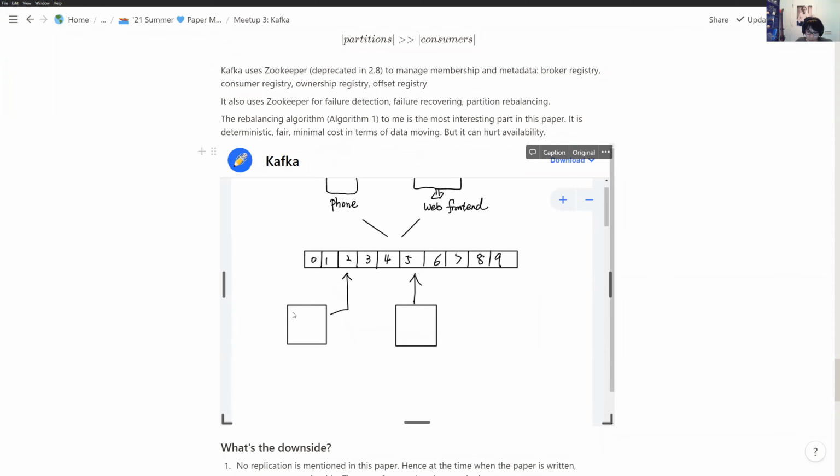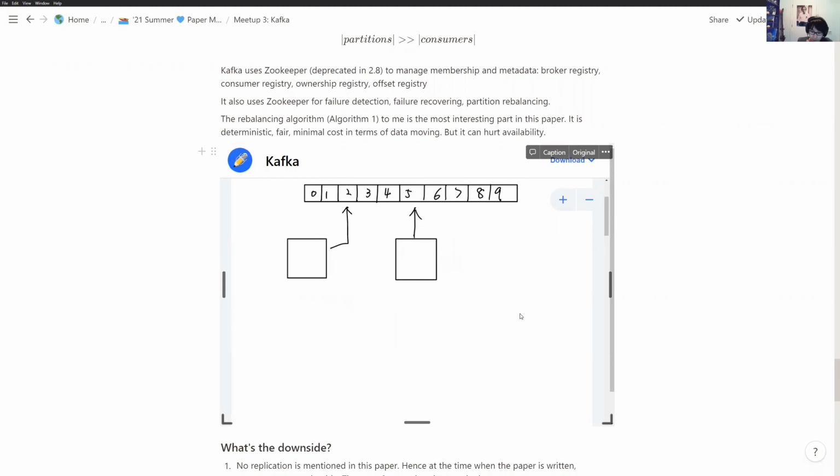And there are underlying systems like a database or a caching layer or a search index or monitoring service. They consume this log and do some analytical work, either online or offline. So they can be running MapReduce, or they can do some online services.